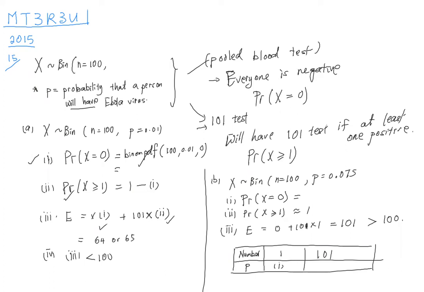So the probability I get from part 2. So my expected number of tests will be what you call part 3. You get me? So this is the probability distribution table for this situation. So I have only 2 possibilities, whether do 1 test or 101 tests.